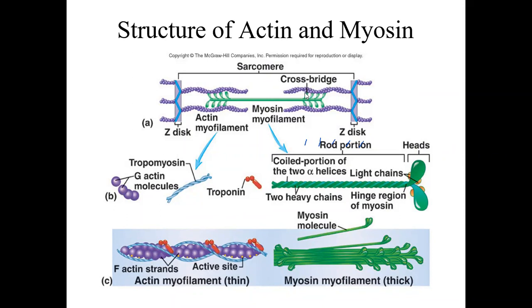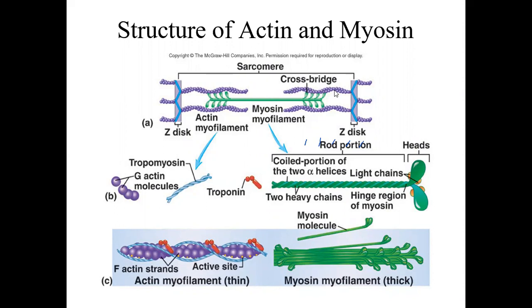When it attaches, we say that it forms a cross bridge. So we start saying now it is forming cross bridges. Each and every connection here is a cross bridge. It's a bridge between the myosin and the actin. So the cross bridge is usually formed by the myosin heads, and it forms when they bind on the myosin binding site on the actin.